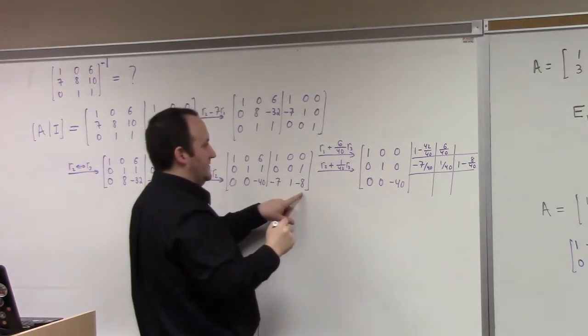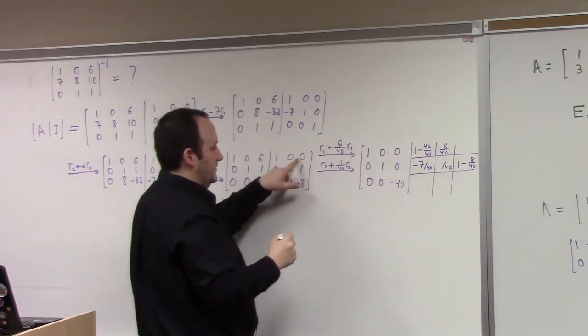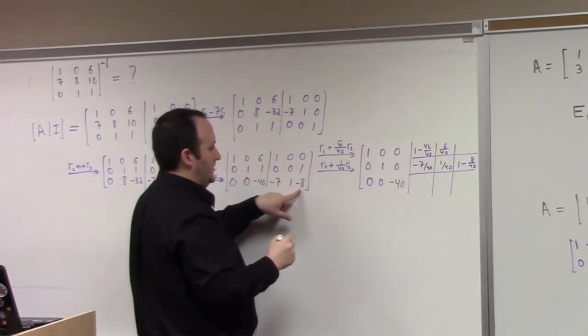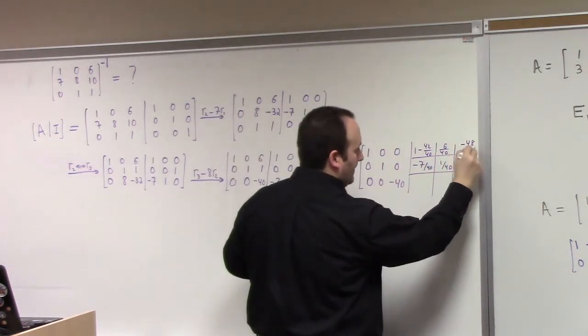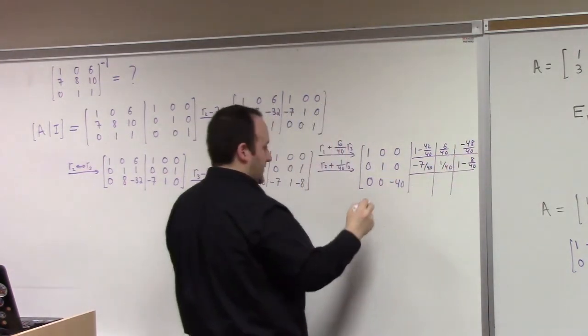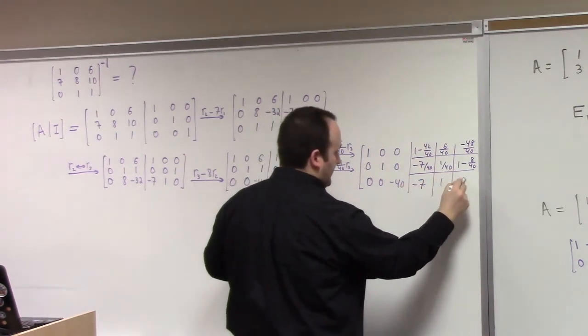So many 40s. Let's see here. And then what we got? We got 0 minus 8 times 6, 48 over 40. And of course, this one is minus 7, 1, 8. I haven't done anything to it yet.